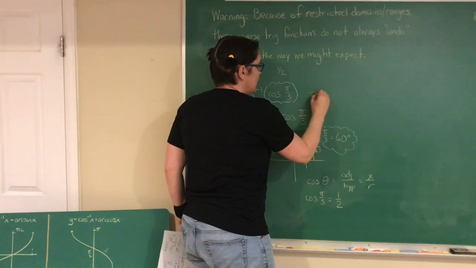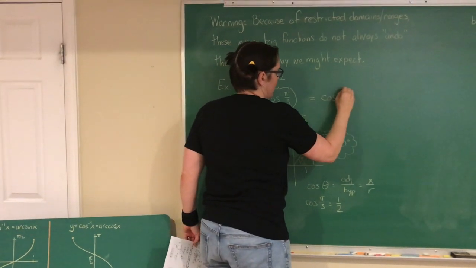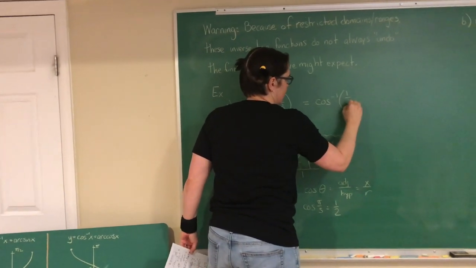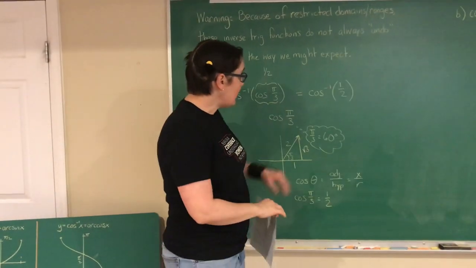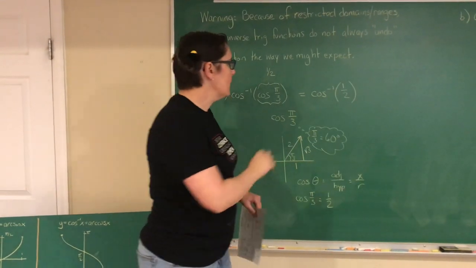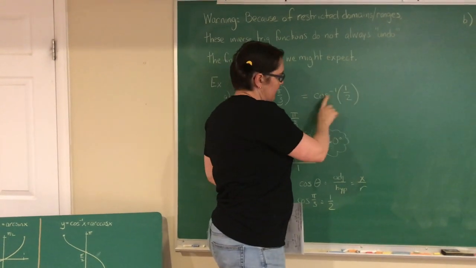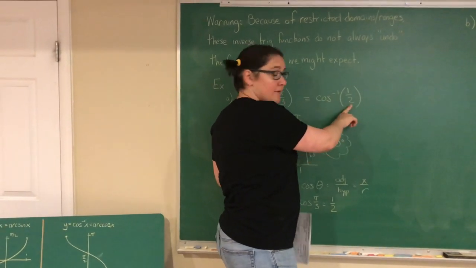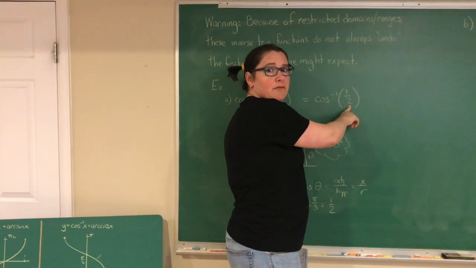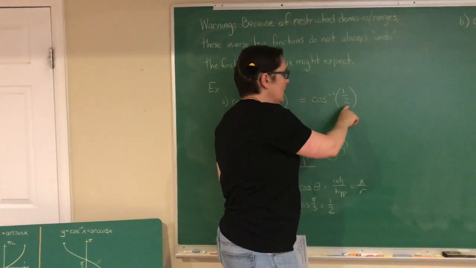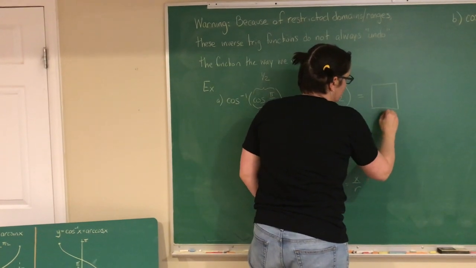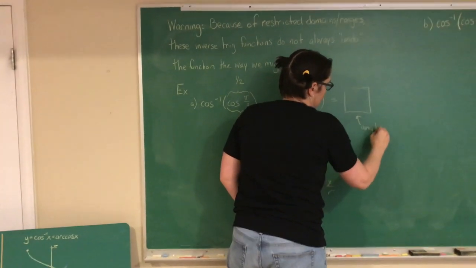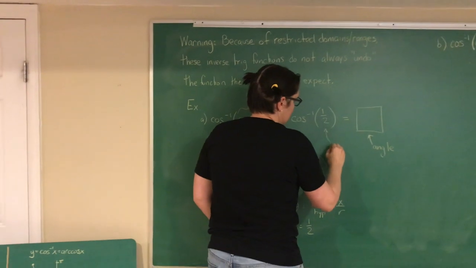So we can rewrite this as, now we want to evaluate the inverse cosine of 1/2. To evaluate inverse cosine, the first thing I tell myself is, okay, the thing inside the parentheses needs to be a ratio of sides, which it is, and my output is going to be an angle.